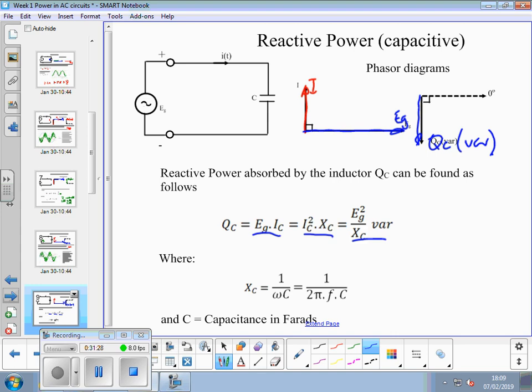As you increase frequency, the reactance of a capacitor gets smaller, but the reactance of an inductor gets bigger, and vice versa. So in terms of their impedance, they work opposite to each other. You'll see that a little better when you look at circuits that include both components and a resistor as well. Alright?